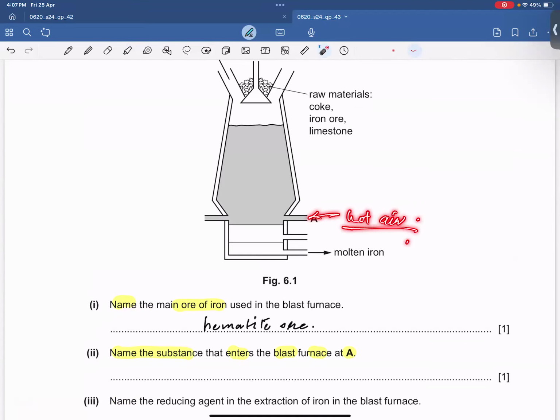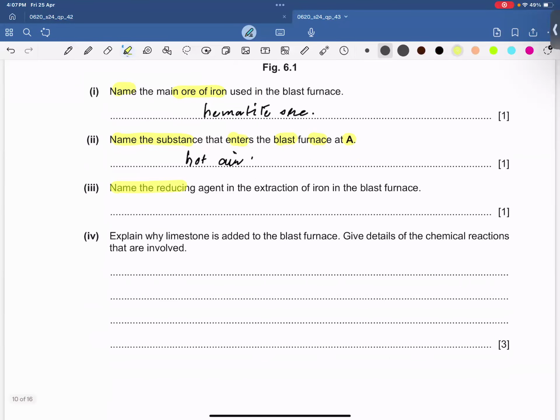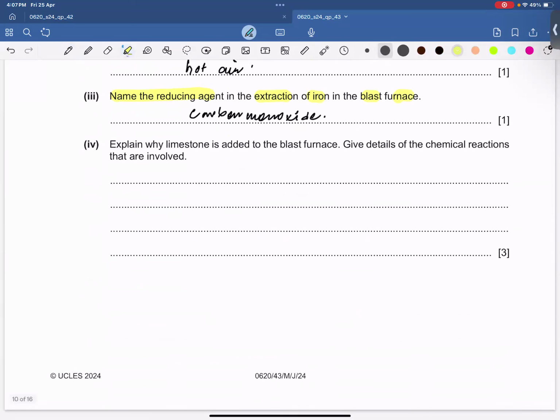If you remember, name the reducing agent in the extraction of iron in the blast furnace. Carbon monoxide. Explain why limestone is added to the blast furnace. Give details of the chemical reactions that are involved.